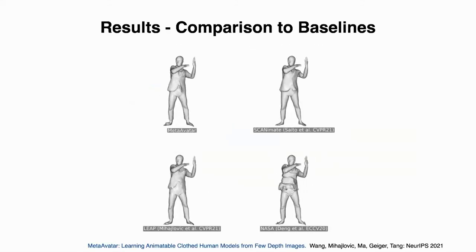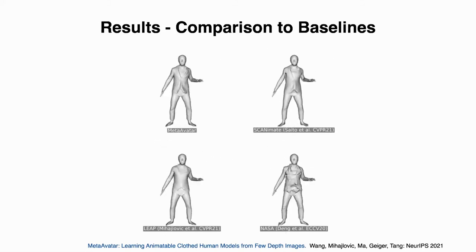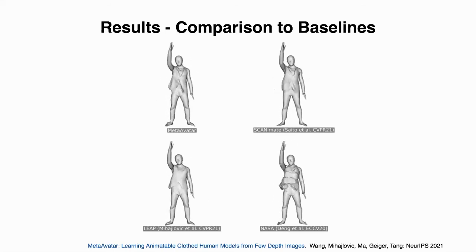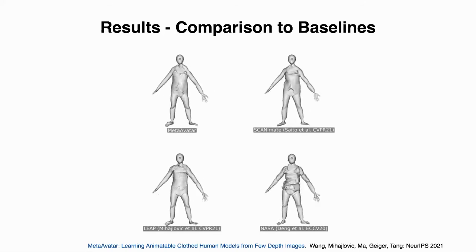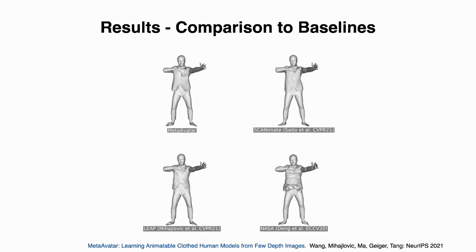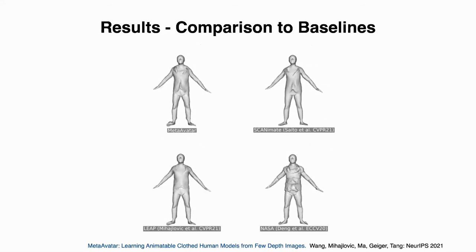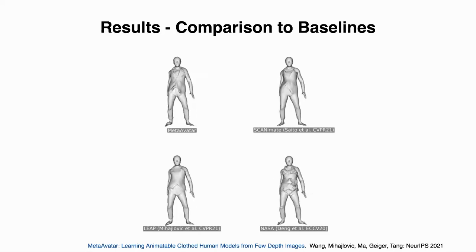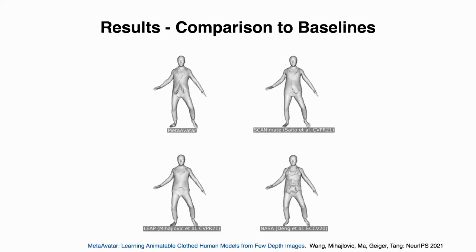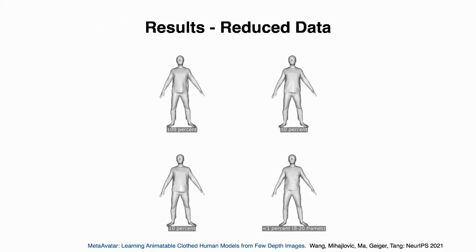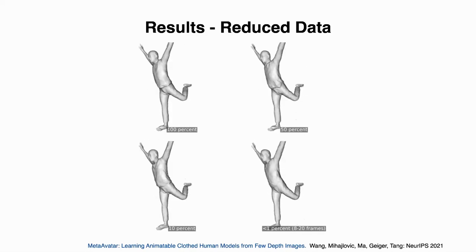Here we show comparison to baselines. ScanAnimate uses dense full scans, and both LEAP and NASA use watertight meshes. Furthermore, all of them assume the surface normals are available. However, during fine-tuning, MetaAvatar works with monocular depth frames, with no requirement for surface normals. Still, it produces very good results. Here are the results for learning with reduced data.